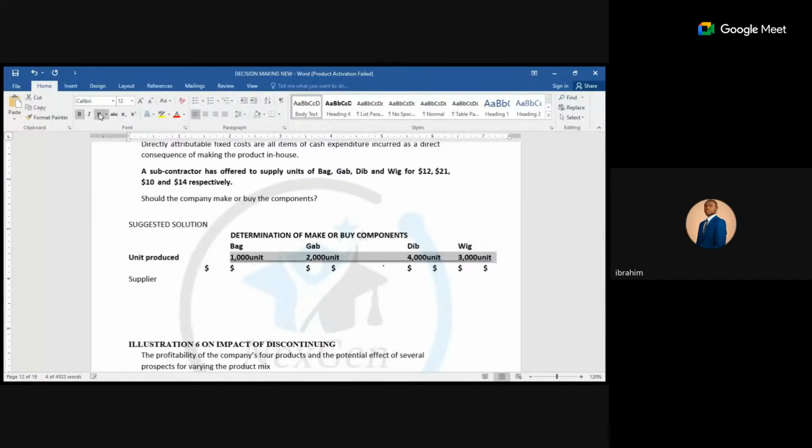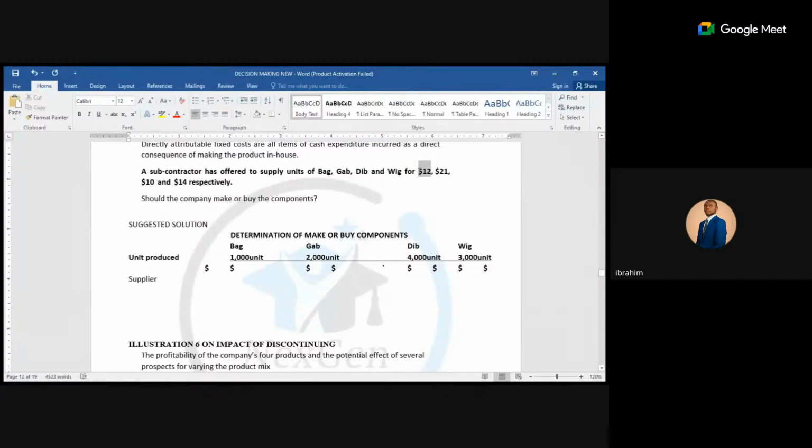So, okay. Then the supplier, they are willing to supply us at 12 naira per unit. Class, at what?